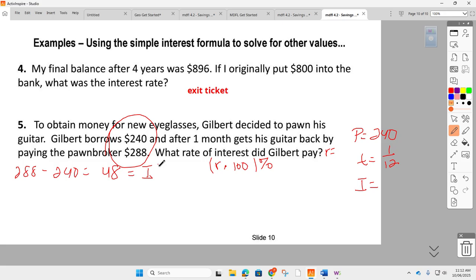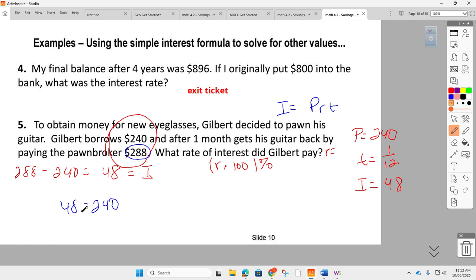The interest is 48. So we're still using the same formula. Interest 48 equals a principal of 240. So you'll notice we're not going to use this 288 in our formula here. We just use that number to find our interest.